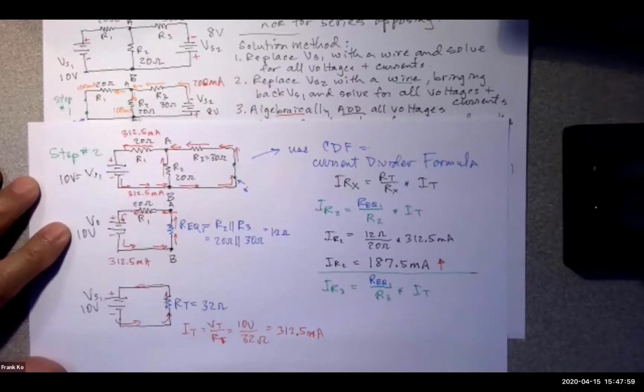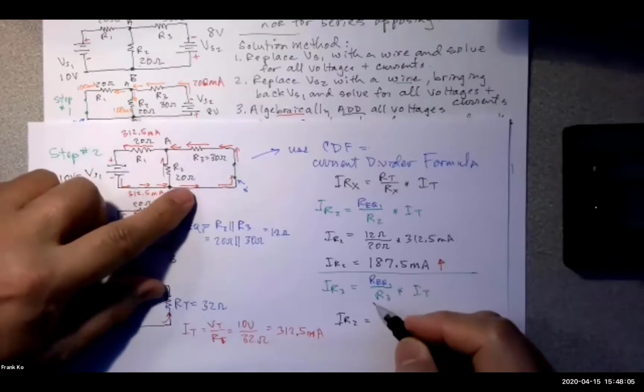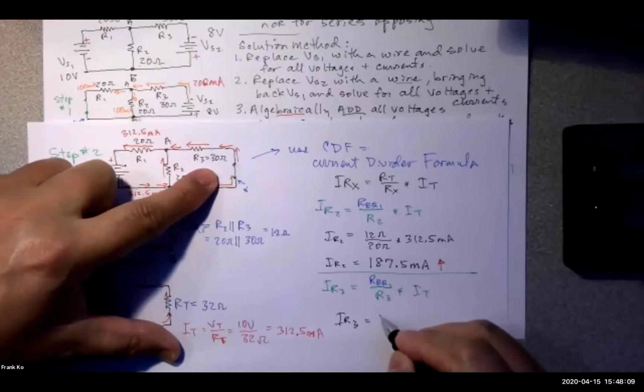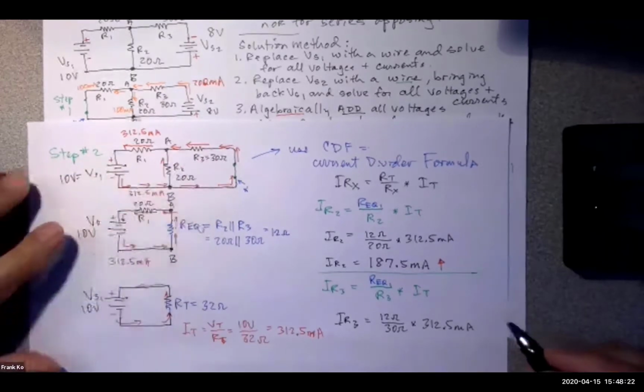So if I go to put these numbers into the calculator now, IR3 is going to be equal to 12 ohms over 30 ohms times 312.5 milliamps.